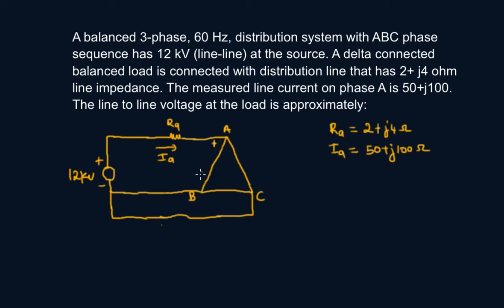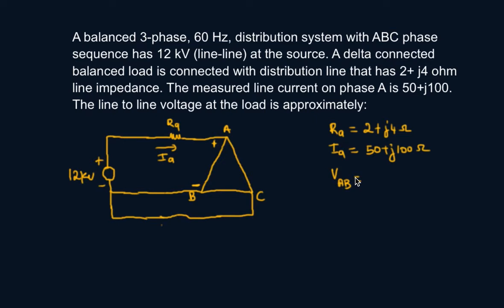So the question is asking you for VAB. Now in a balanced delta configuration, your line-to-line voltages are equal to your phase voltages, right?